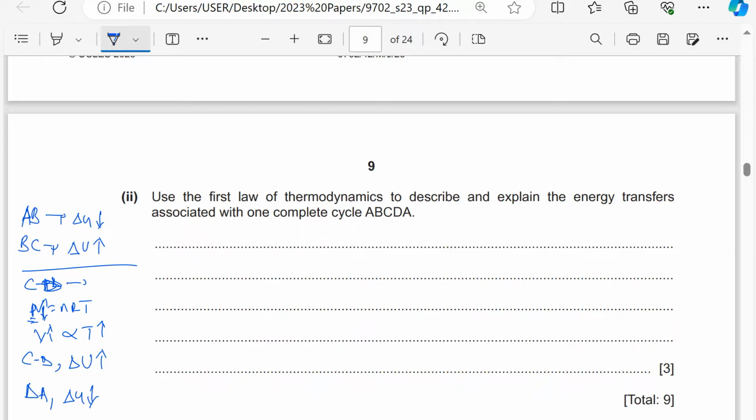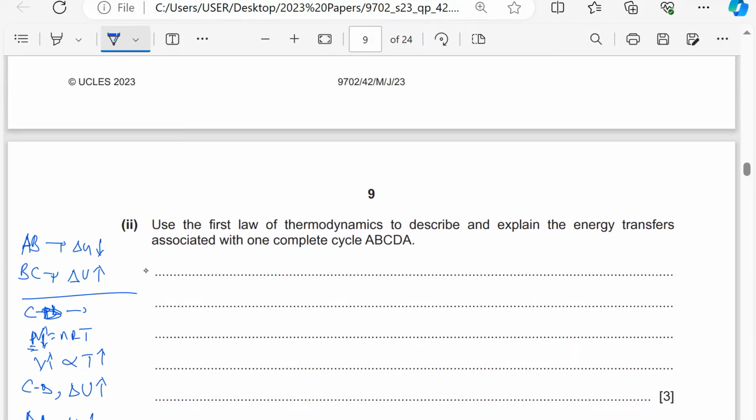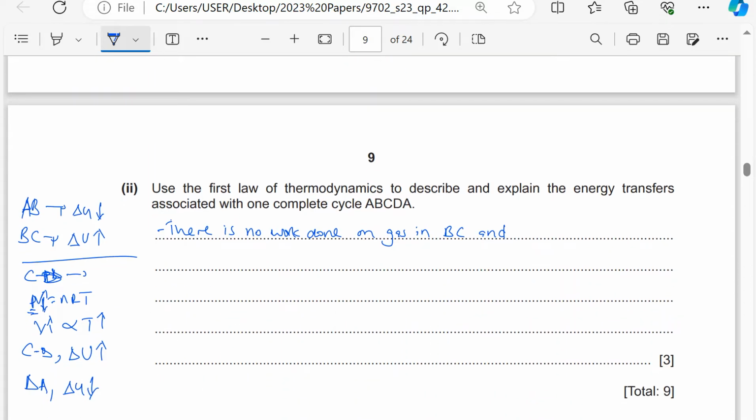So let's now start explaining. From B to C, there is no work done because there is constant volume. So there's no work done on the gas in BC and DA because the volume is constant.